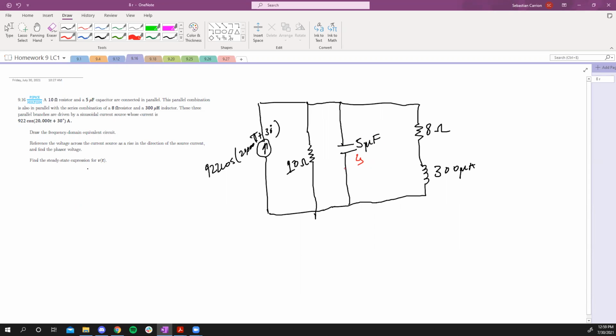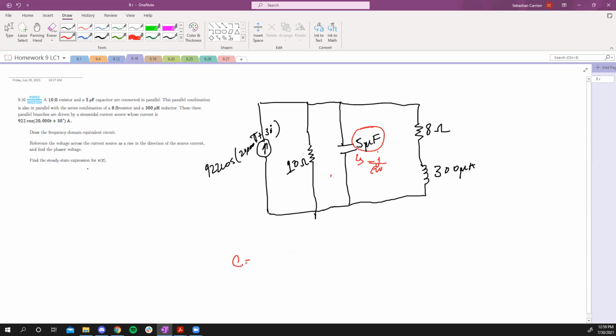We can say that the capacitor impedance would be negative j over CW, and we just plug this in.